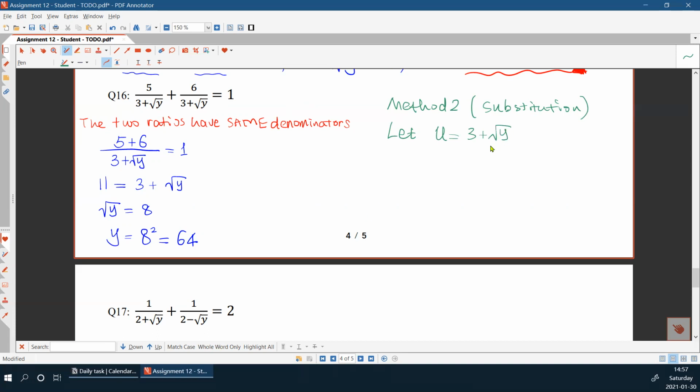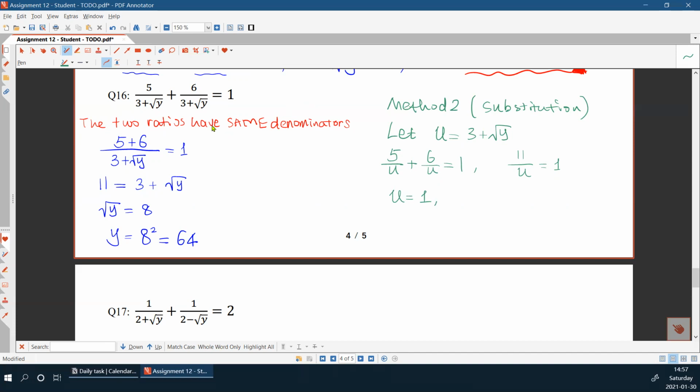Is that workable for you? So the original question becomes 5 over u plus 6 over u equals 1, right? Okay, again, both of them have the same denominator, so we can have 11 over u is actually 1. This gives us u is actually 1.